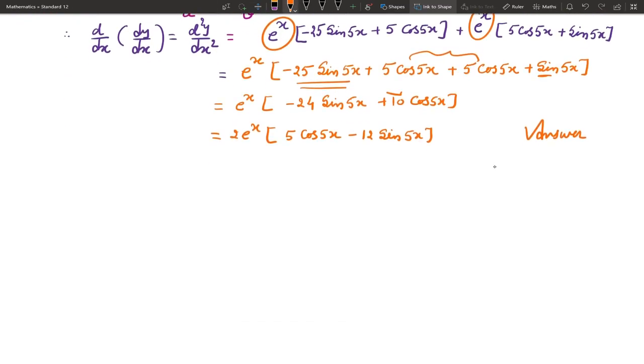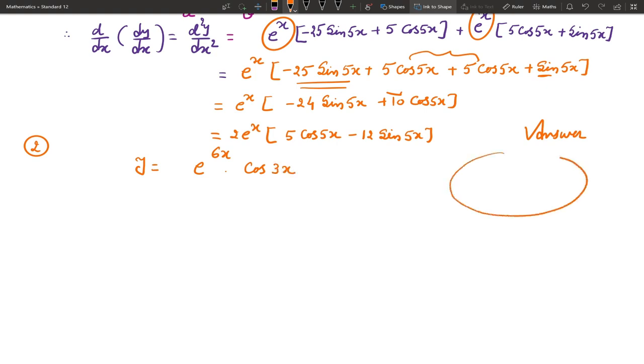Second example: y equal to e raised to 6x into cos 3x.